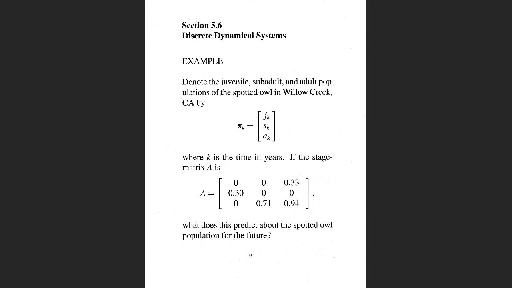So in this case, this is a little different than the previous example. In the previous example, our discrete dynamical system dealt with populations of a predator and a prey.